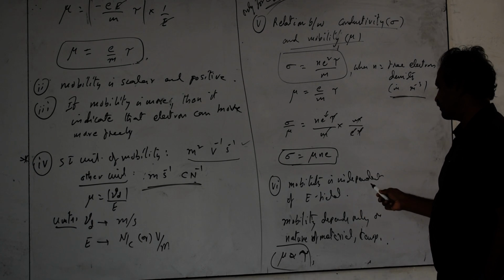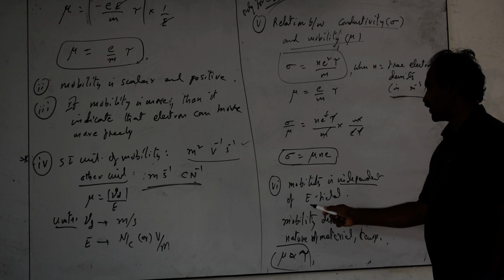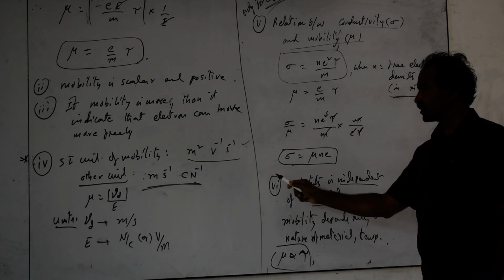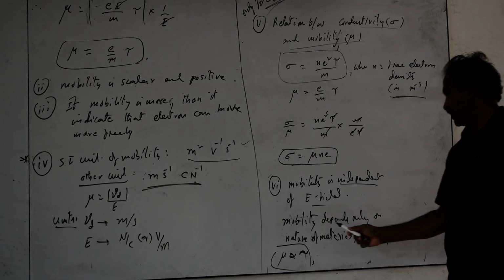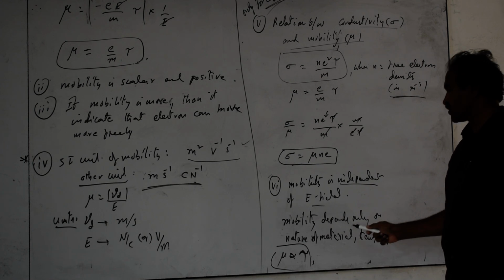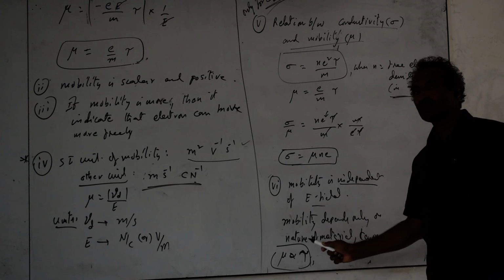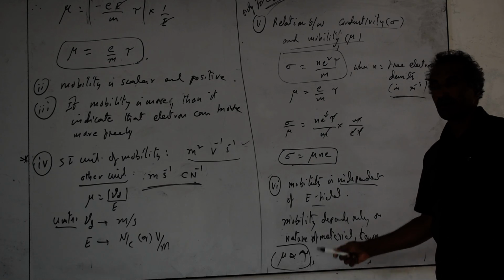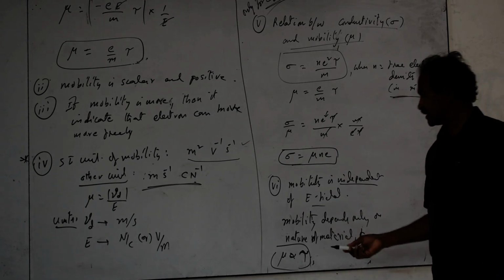Next, mobility is independent of electric field. This point is also important for competitive exams. Mobility depends on what factors? Mobility depends only on the nature of the material and temperature. How does it depend on temperature? I will discuss in the next point.